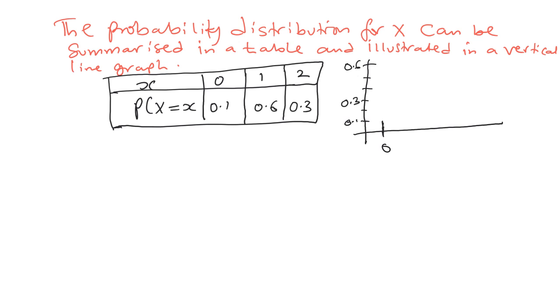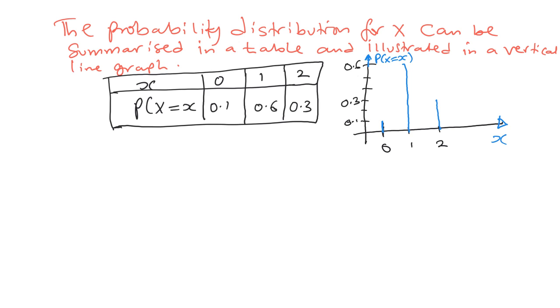Let me change the color so I can use blue. Then x equal to 1, the probability is 0.6, so you draw a vertical line. And for 2, it is 0.3. So this is a plot of probability P of capital X equal to small x against x.